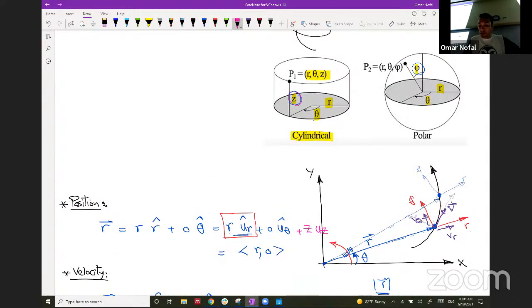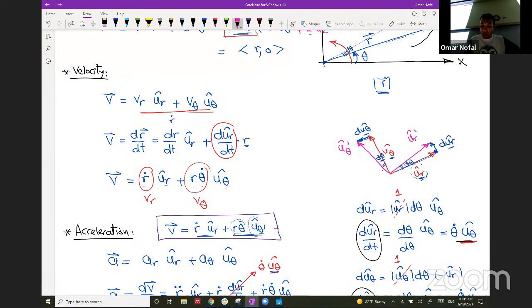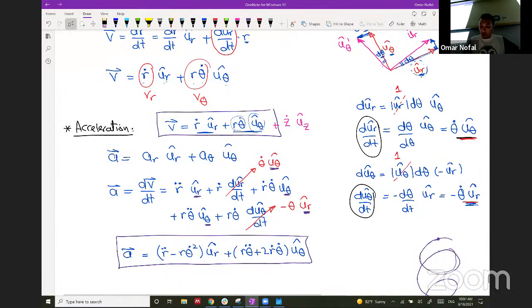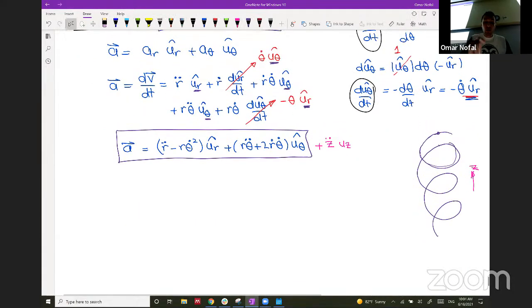It's just the position z in the direction of u_z hat, and for the velocity it will be z dot in the direction of u_z hat, and the acceleration will be z double dot in the direction of u_z hat. This is if we are working with 3D dynamics, so we have to add the third dimension, which is z.